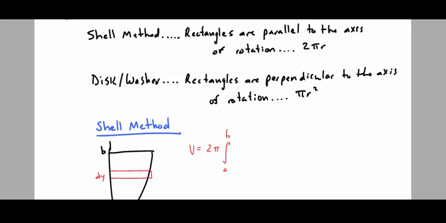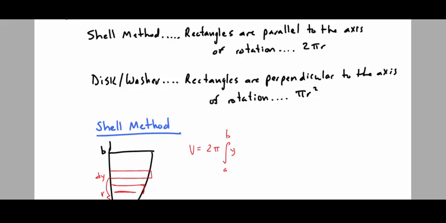And then I need to talk about r, the radius. The radius is the distance from the middle of the rectangle to the axis of rotation. So here, that value of r is just y. No matter how many rectangles I draw, I just move up y units from that axis of rotation. So that's my 2 pi r.